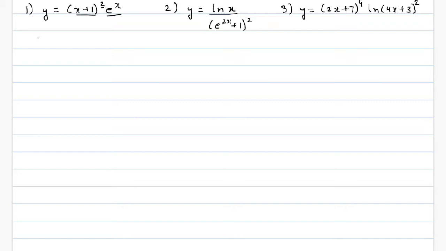So when we differentiate, we'll say our dy by dx should be, first we'll use multiplication rule because they are multiplied together. So we'll say first e raised to x constant and differentiation of our x plus 1 whole square with respect to x, and then plus we'll differentiate our e raised to x keeping our x plus 1 whole square constant.